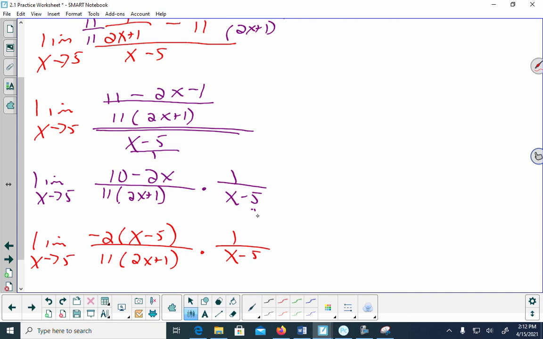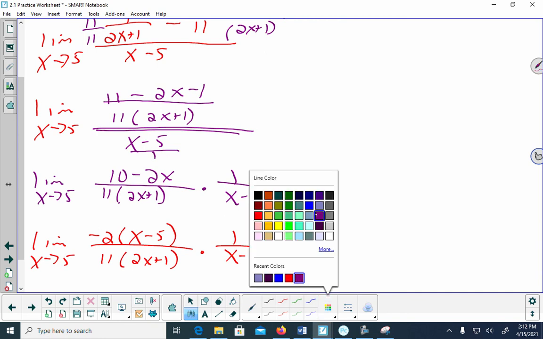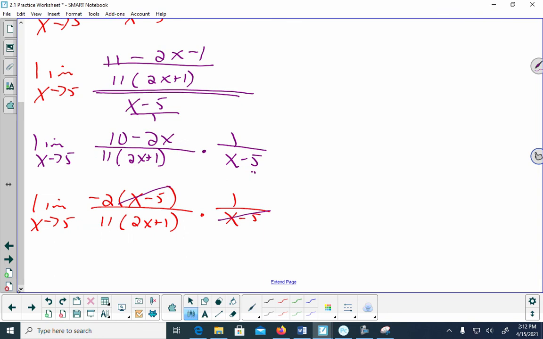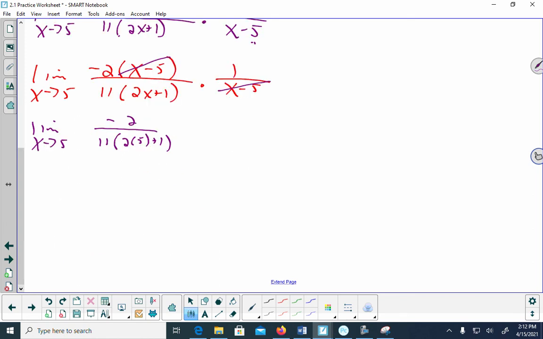At this point, the x minus 5s will simplify, which means now I can do direct substitution. So I'm going to put 5 in, so I'm going to have negative 2 over 11 times 2 times 5 plus 1. So that's 10, 11, 121, negative 2 over 121.